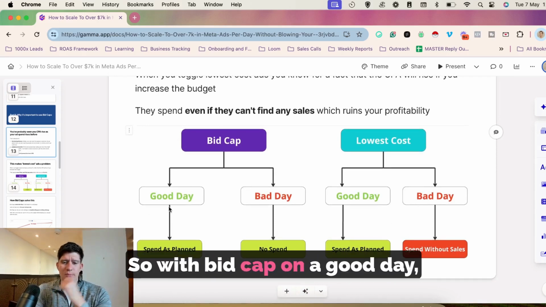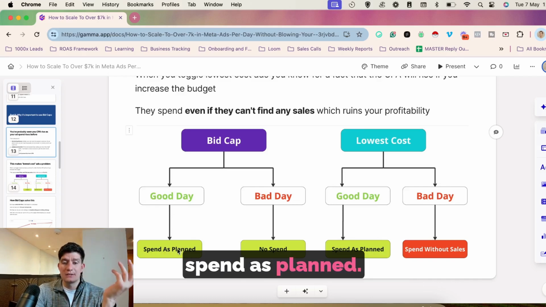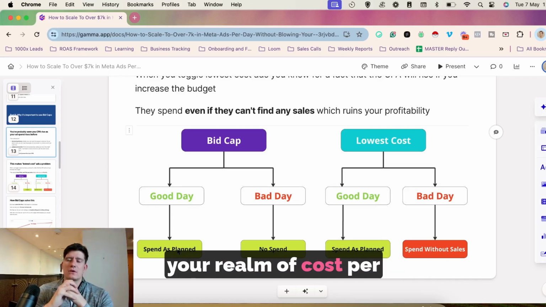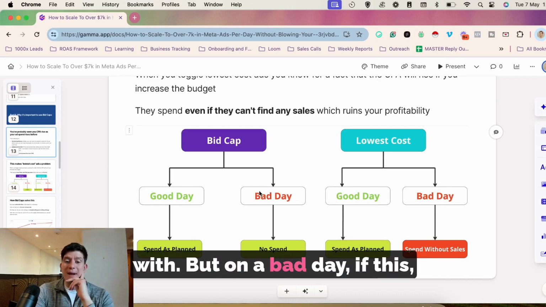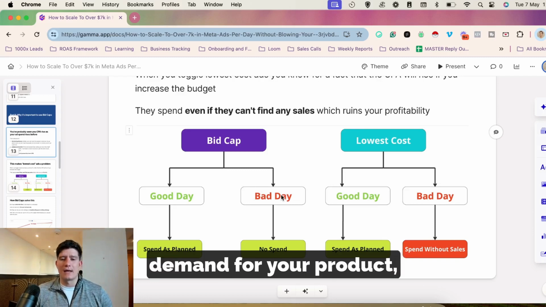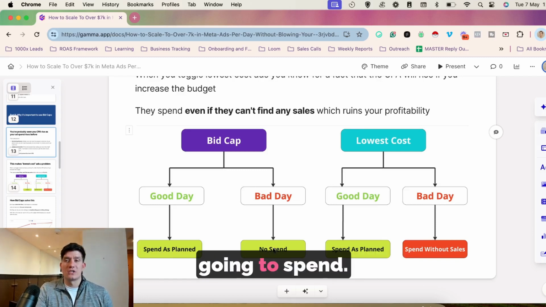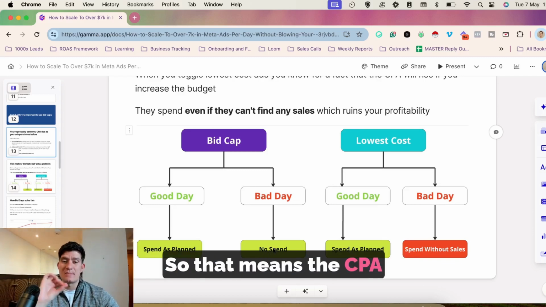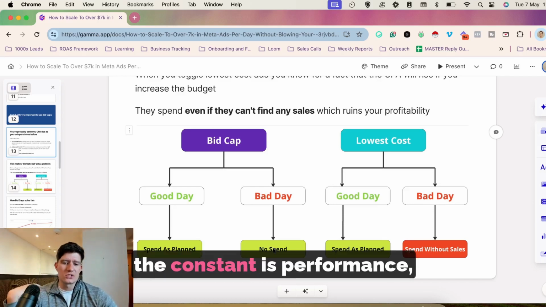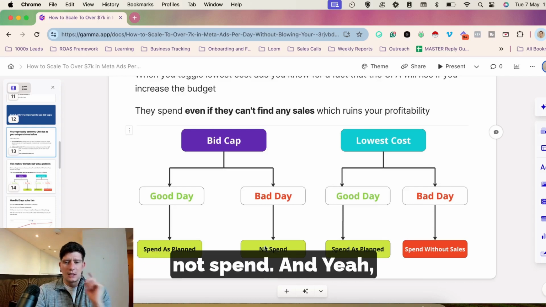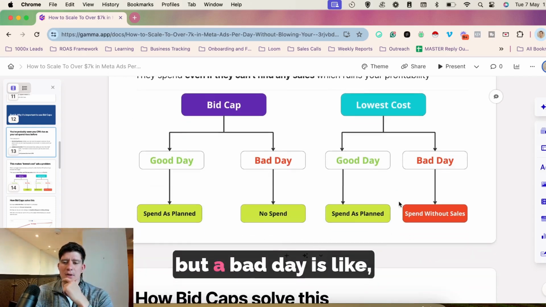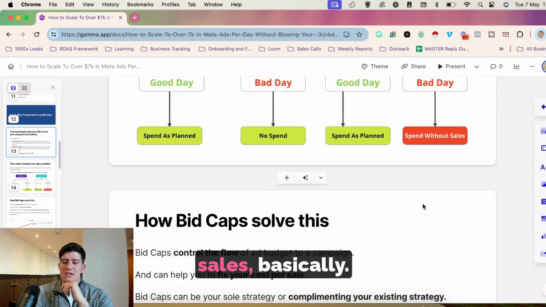So with bid cap, on a good day, spend is planned. So you're going to get sales and you're going to get within your realm of cost per acquisition that you're happy with. But on a bad day, if there's completely no one in demand for your product, it's actually not going to spend. So that means the CPA stays the same. It just means the constant is performance, not spend. And going back to that, a good day with lowest cost, spend is planned, but a bad day it's going to spend without sales, basically.